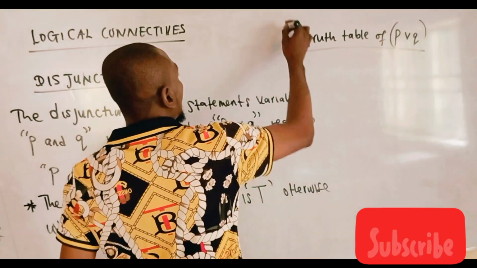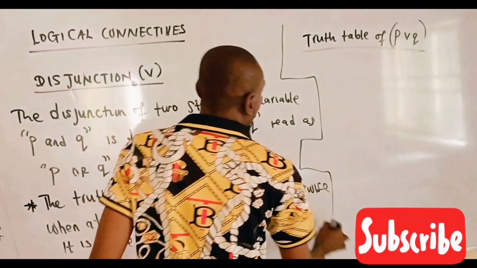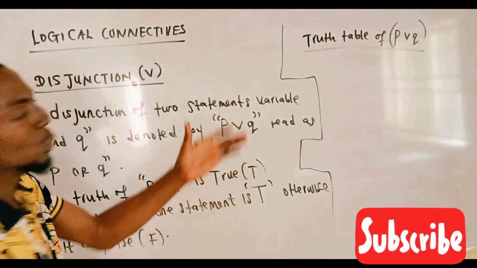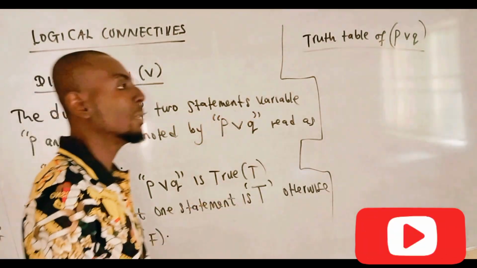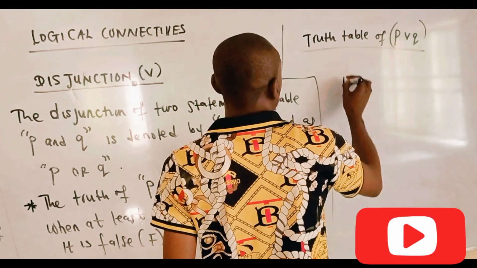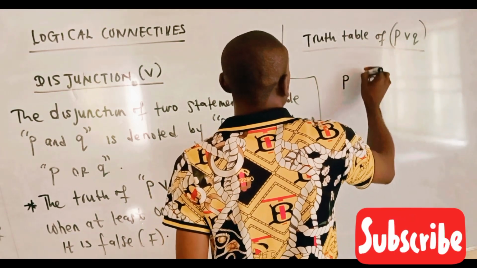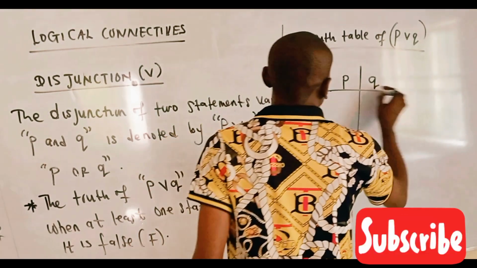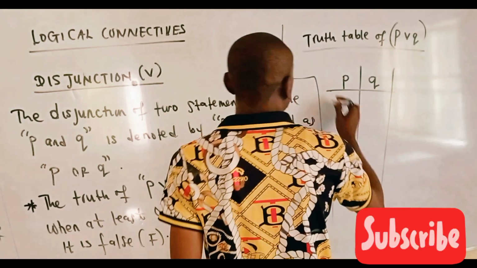Truth table of P or Q. Similarly, we have two statement variables, so we have our values P and Q contained in 4 lines.